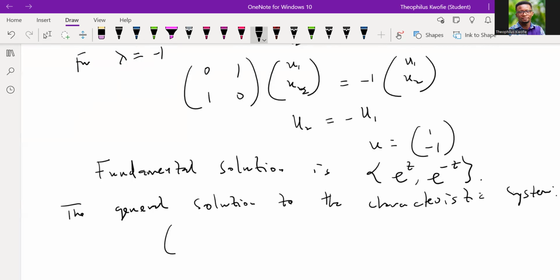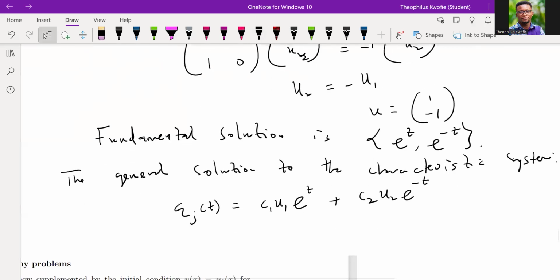The easiest solution to that, the general solution for the xi's, will be, let's call it c1, our vector multiplying e to the power t, plus c2 times our corresponding vector, multiplying e to the power minus t. Is that okay?